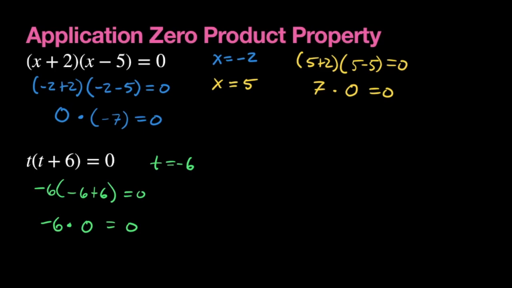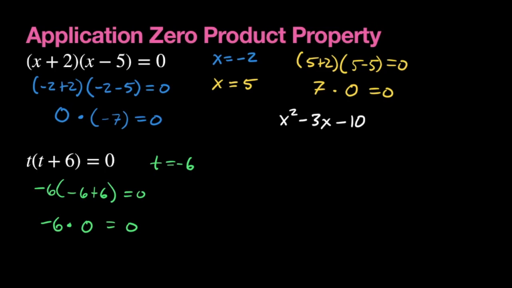If we were to multiply the first polynomial out, so let's say we have this one and we put it in standard form, we get x squared minus 3x minus 10. So this just comes from properties of multiplication of polynomials.